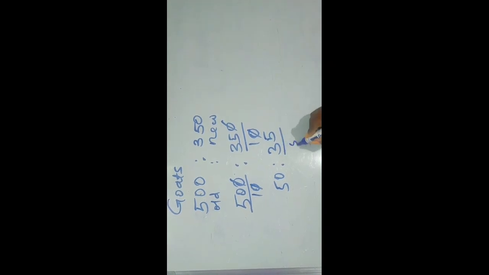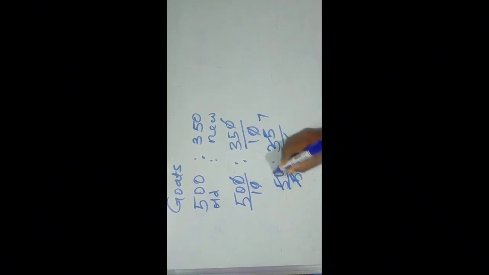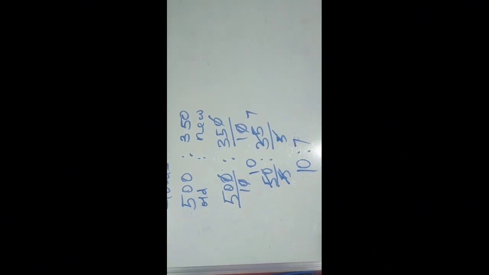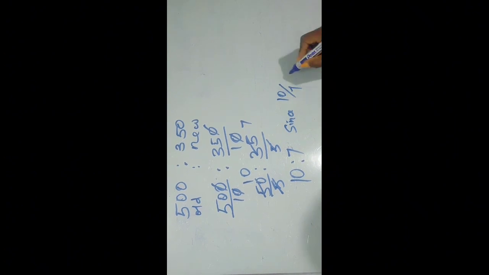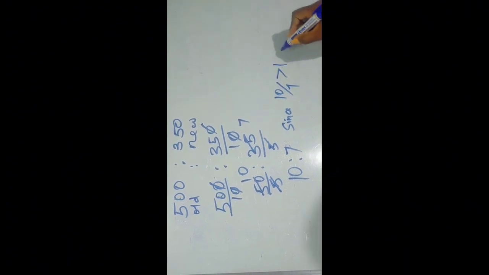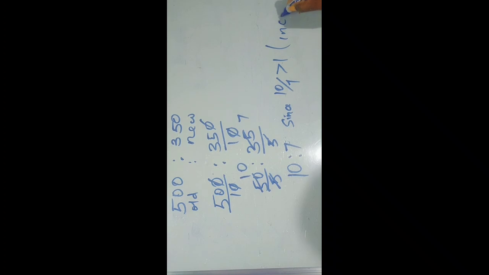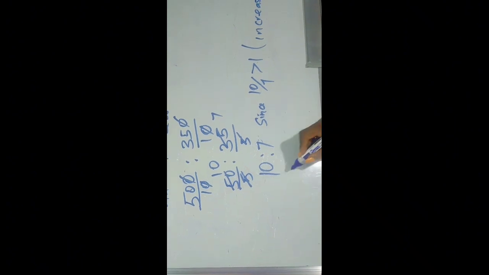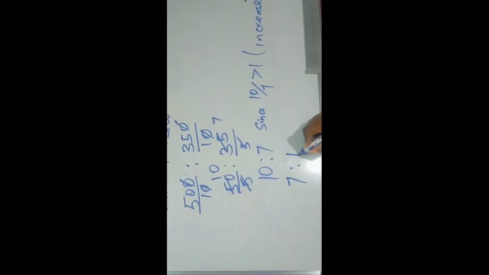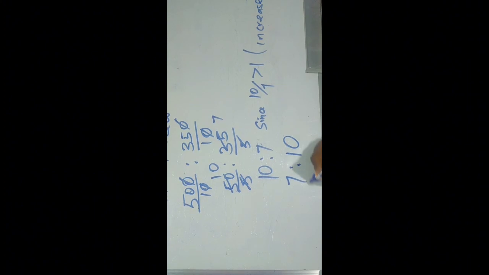Simplify further by 5 over 5, so that we have 10 to 7. So the ratio is 10 is to 7. Since 10 over 7 is greater than 1, this one represents an increase. But what we are looking for is a decrease. Therefore, the decrease will be the opposite, which is 7 is to 10.